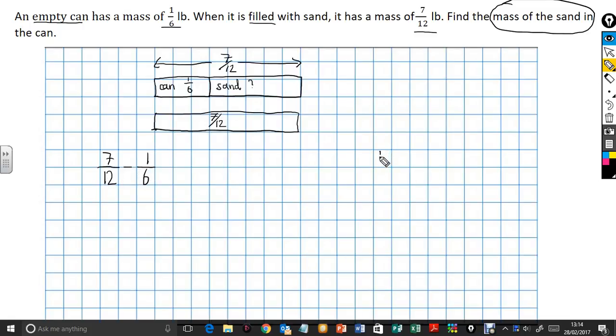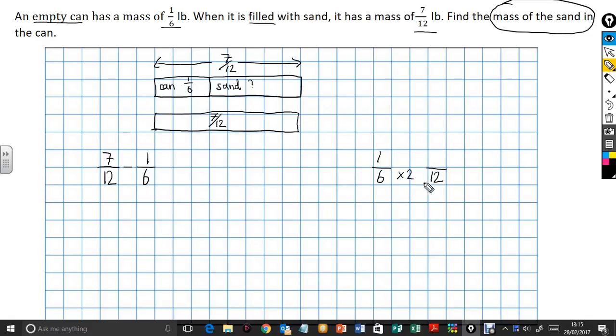1/6, I want to convert it into 12ths. That's the denominator that I want. What do I have to multiply 6 by to get 12? Well, yes, that is 2. 6 multiplied by 2 equals 12.